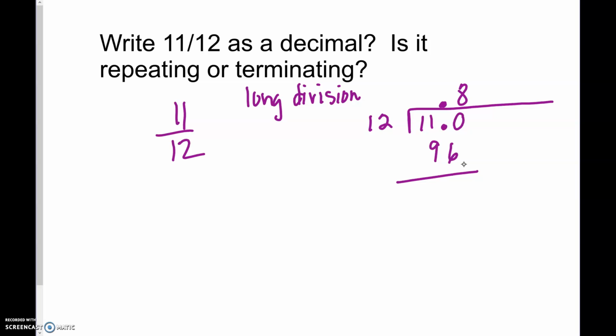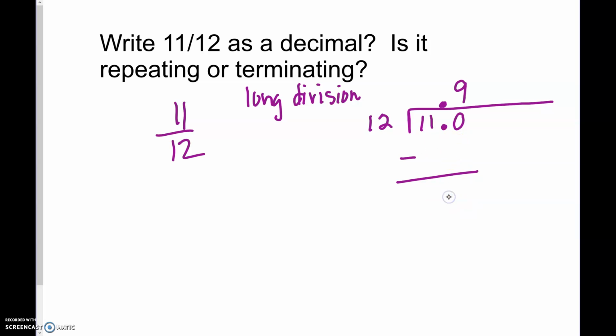Oops, that can go in there one more time, so I'm off here. Let me erase this. I noticed that this remainder was going to be 14. 110 minus 96 is 14. That is bigger than 12, which means the 8 I had here is not big enough, so I need to go up to 9.